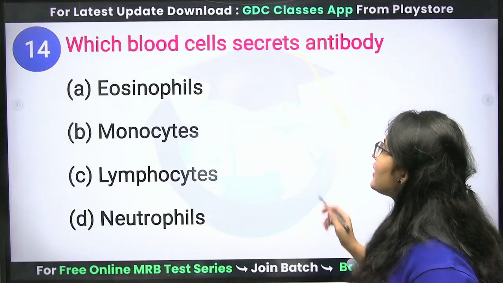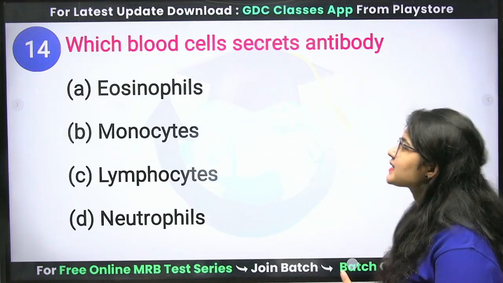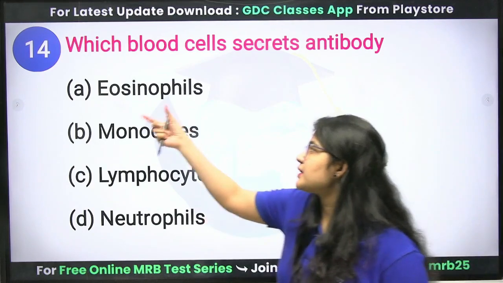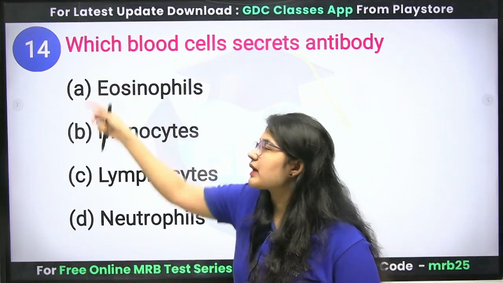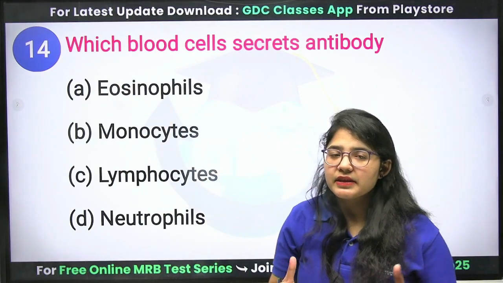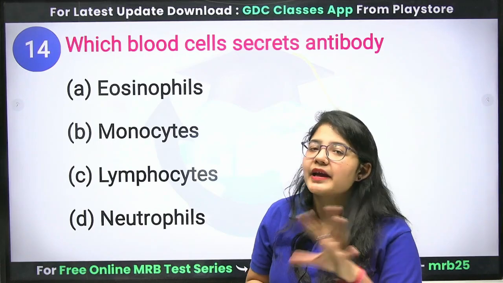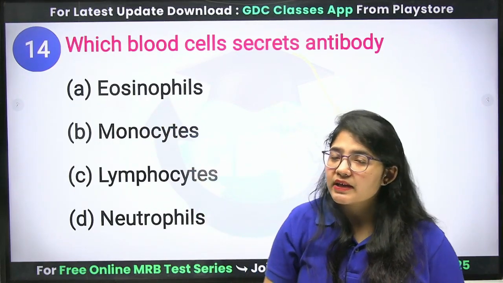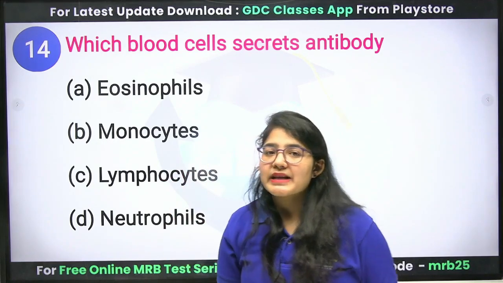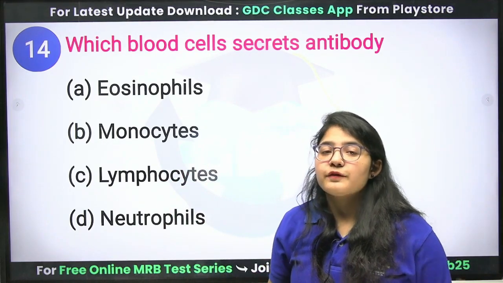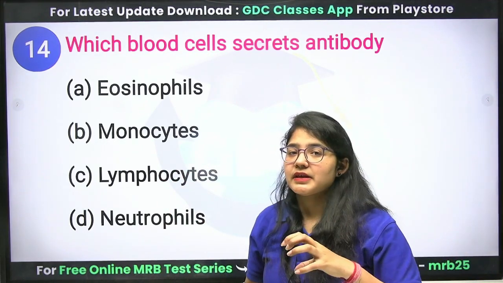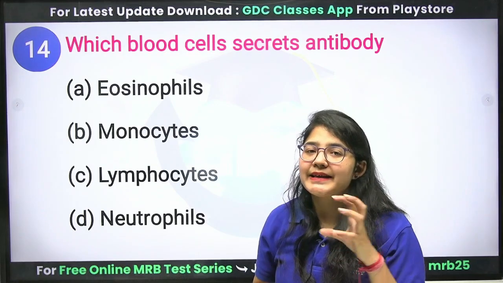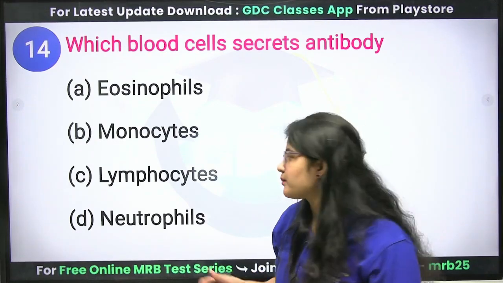Next question. Which blood cell secretes antibody? Eosinophils. From E you can understand allergy. It sounds similar, allergy and allergy. Clear? So eosinophil is responsible for your allergic conditions. Monocytes are responsible for phagocytosis, engulfing a complete cell or the dead cells.